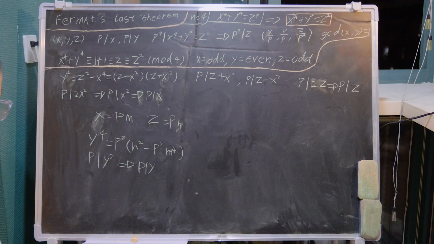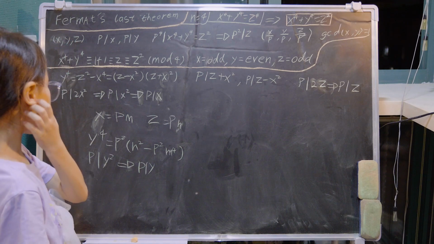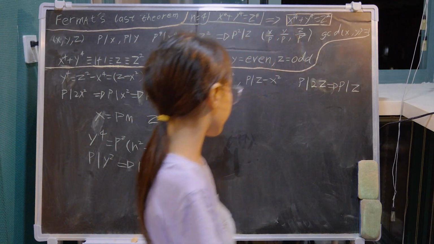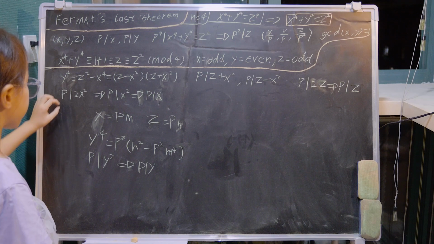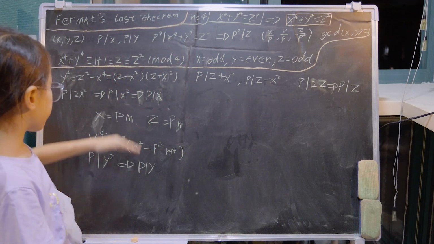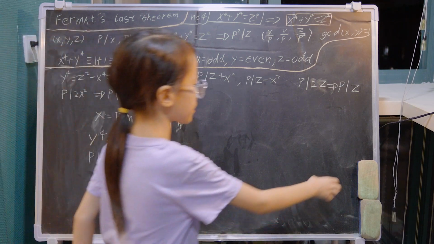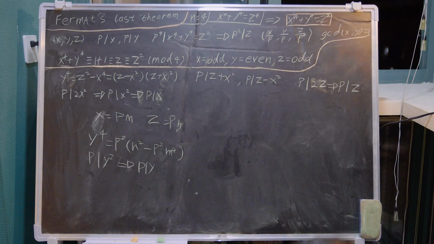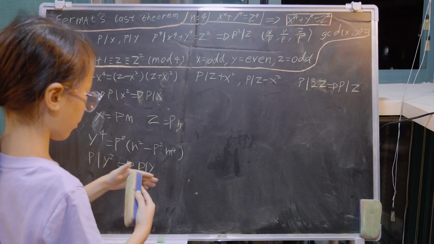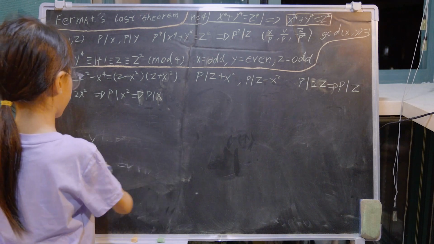That contradicts the greatest common divisor of x and y being equal to 1. Because p is a divisor of x and p is a divisor of y, the greatest common divisor of x and y is greater than or equal to p. So that is a contradiction.